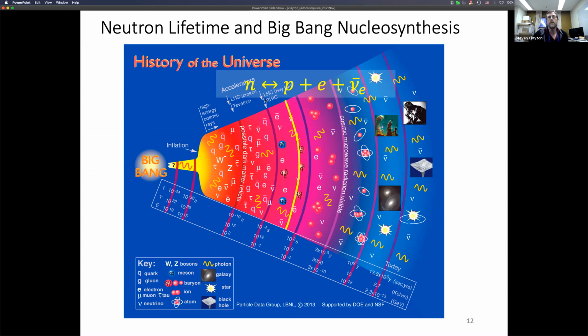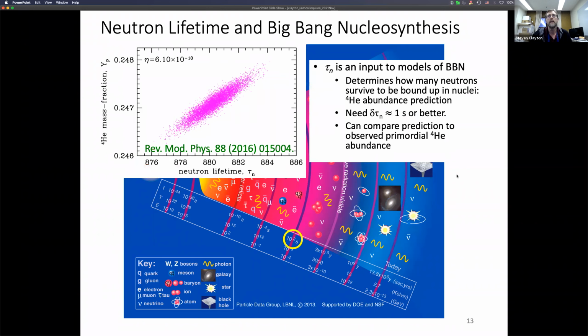And so the impact of that is on nucleosynthesis, in that as the universe continues to cool, it's the forward reaction, the neutron going into a proton, that happens more than the reverse. At that point, the neutrons which are bound up into helium nuclei are the ones that survive later on, and that can be measured by observations.